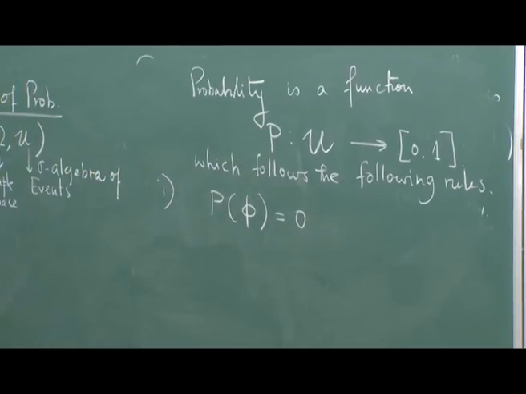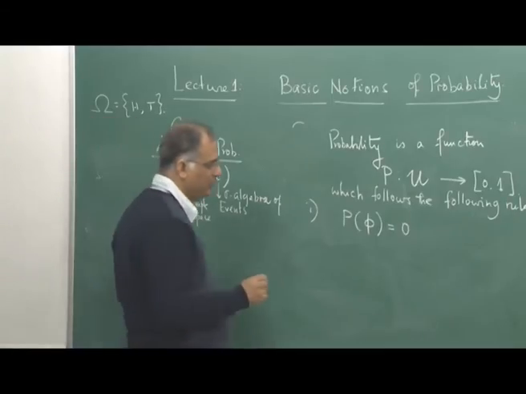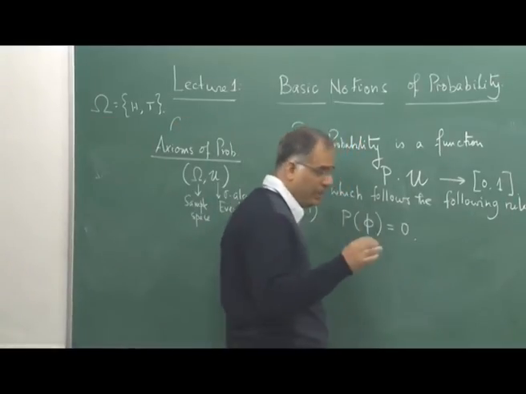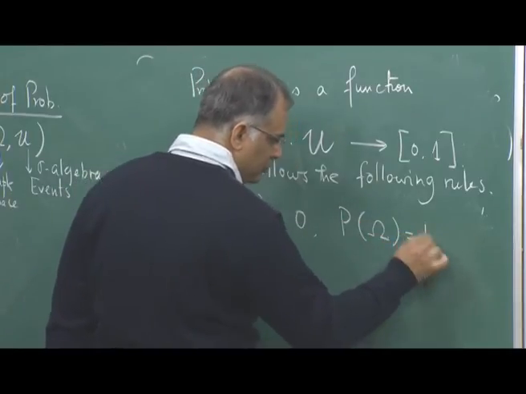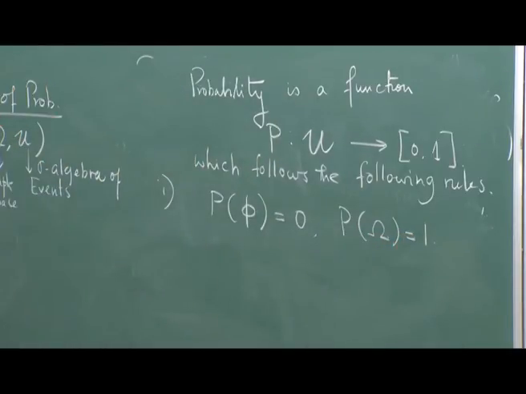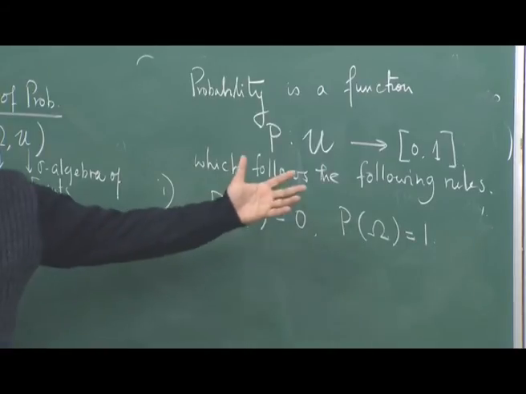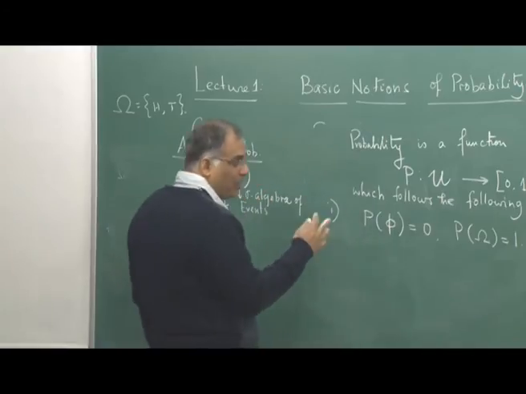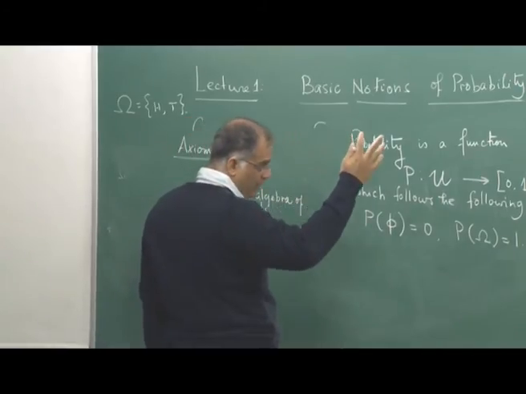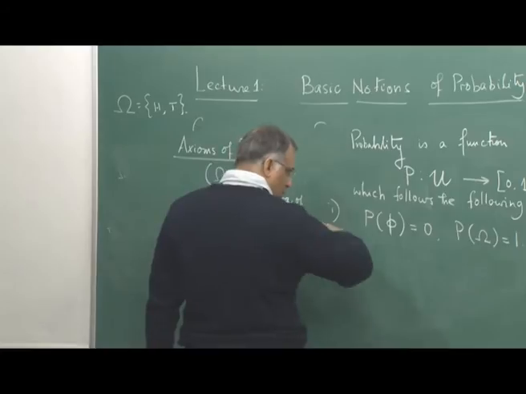Like, I will live forever is an impossible event, and I will die one day is a sure event. This also comes out of that crude definition, but since we cannot use the crude definition for a collection of infinite sets, an infinite sample space, we give them as rules.